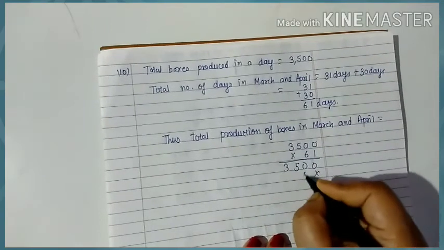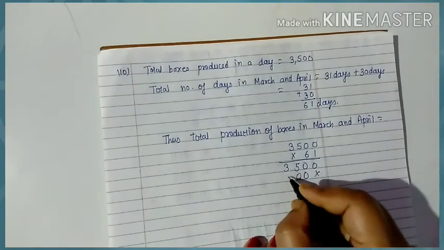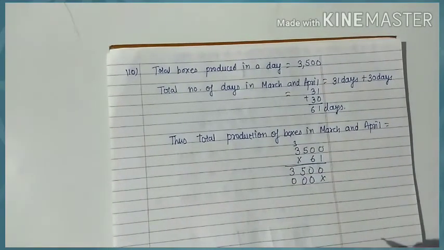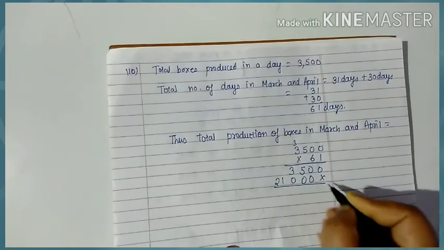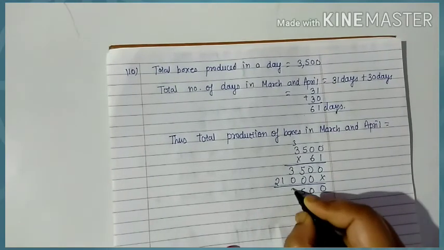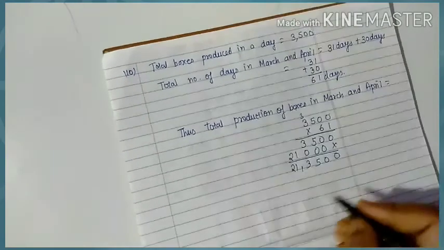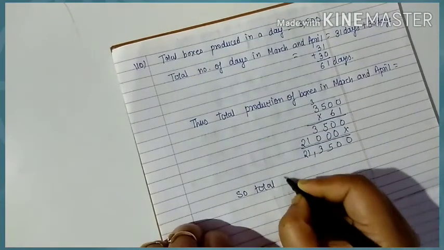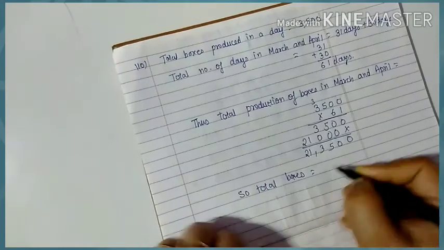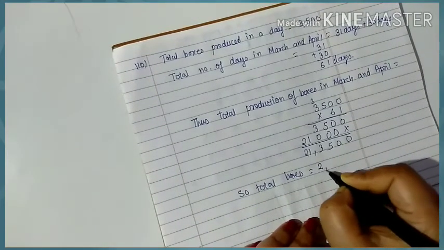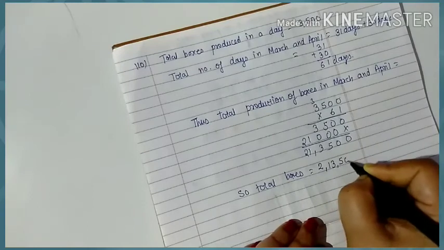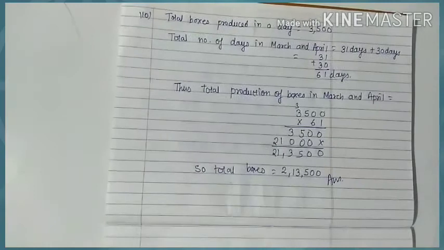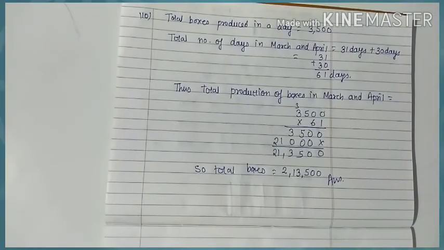Right? 6 0s are 0, 6 0s are 0, 6 5s are 30 plus 3, 33, 6 3s are 18, 19, 20, 21. So total boxes equal to 2,13,500. Okay, so children, we have completed up to 6B part 2.